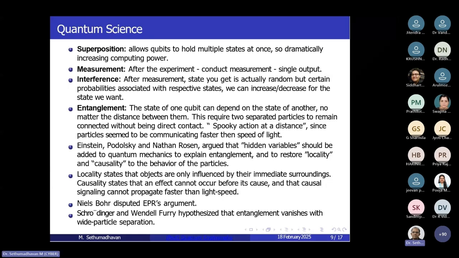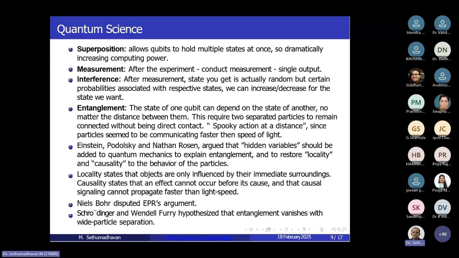One particle from here and one particle from that distance. But the state of one qubit depends on the other, even though the distance is very large. Albert Einstein called this something like spooky action at a distance. Even he could not explain how it happens, because the particles seem to be communicating faster than the speed of light. So that is called entanglement.